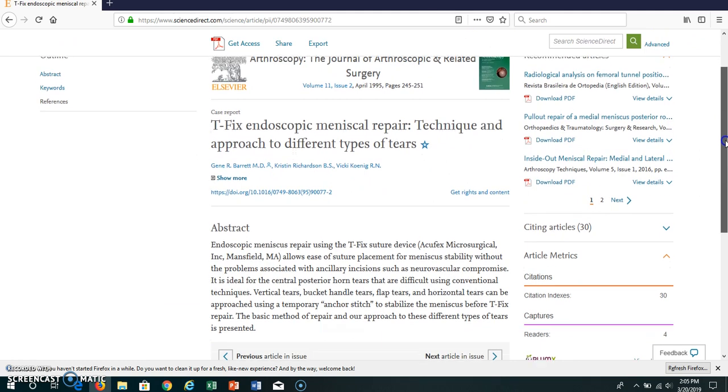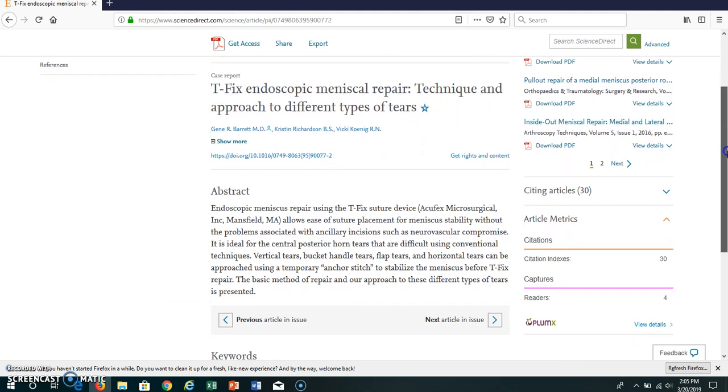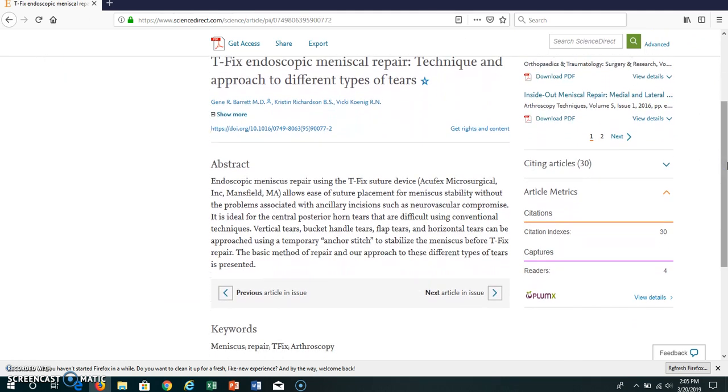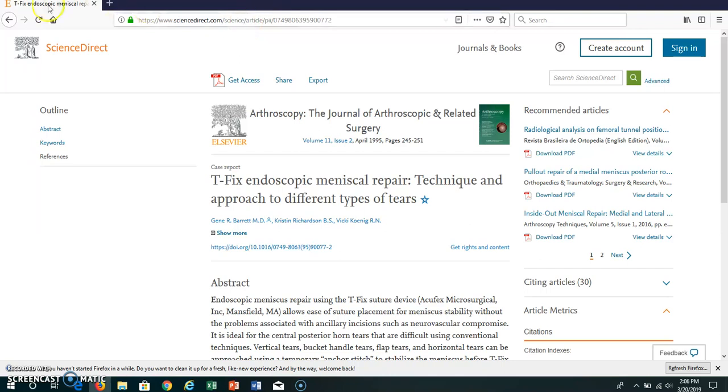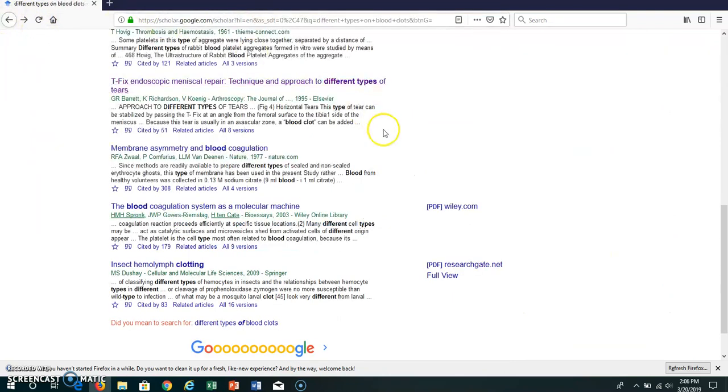And when I clicked on that, there is an abstract. So I will glance through the abstract to see if it gives me good information for my paper. I don't see anything useful from this paper. So I would go back to my list.